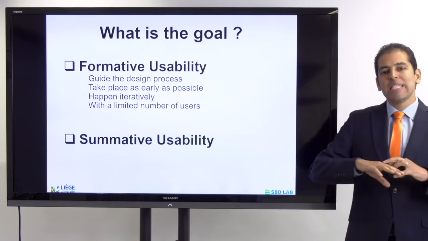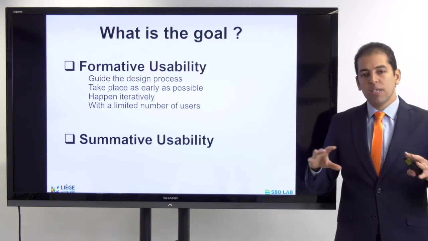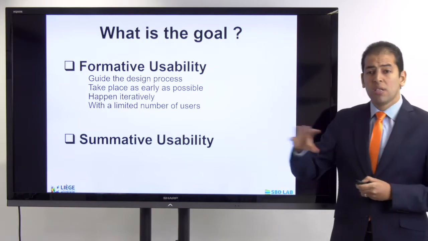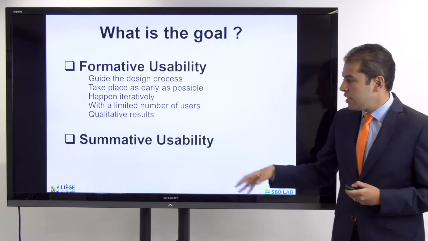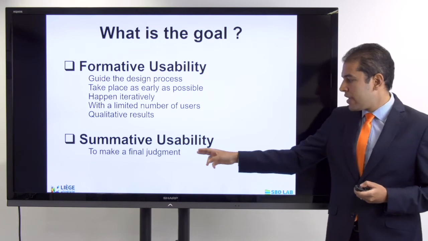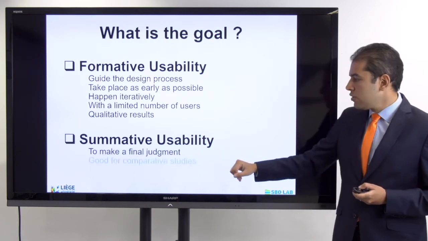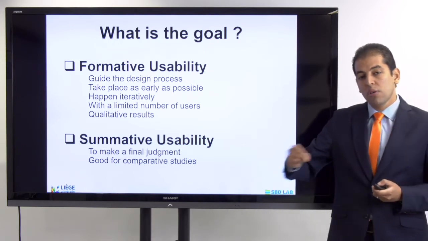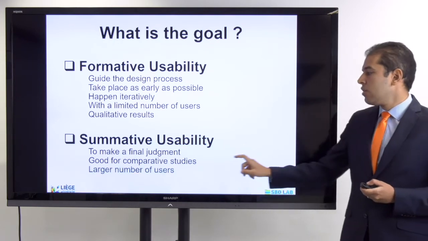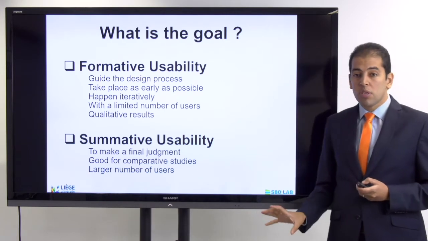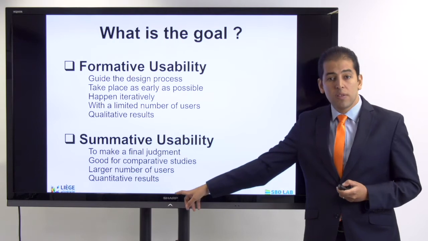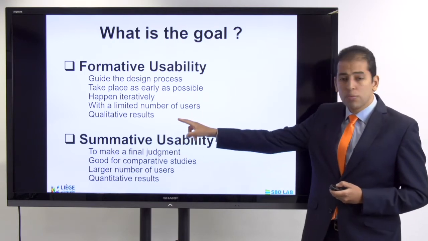If you are looking at summative usability testing, here you are looking to judge and evaluate different solutions and technology. That's very different from the formative. Here you are looking to make a final judgment. You are looking to have good comparative studies for different products with the same function, and you are looking for a larger number of users. This is a totally different approach. This should be quantitative, and the other approach should be qualitative.